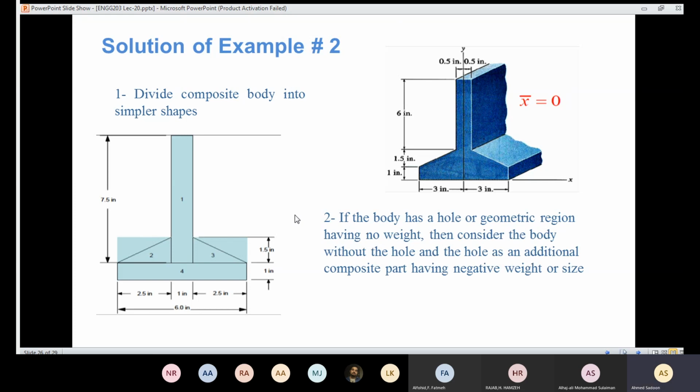Then they say that if the body has a hole... here we don't have any hole, so this condition we are going to ignore. Then we need to know the centroid of each segment. So we need to know the centroid for that segment, and that segment, and that segment, and that segment. And like I said here, since x is 0, I need to know only the value of y for each segment.